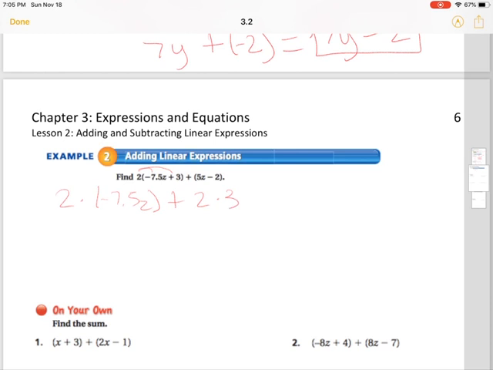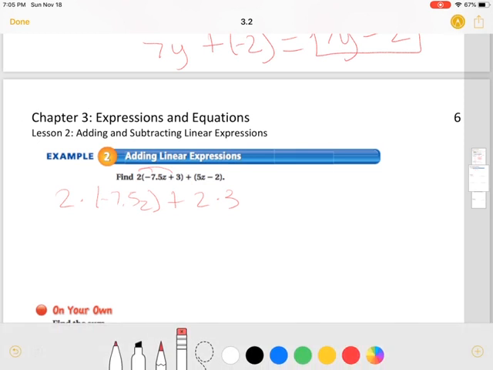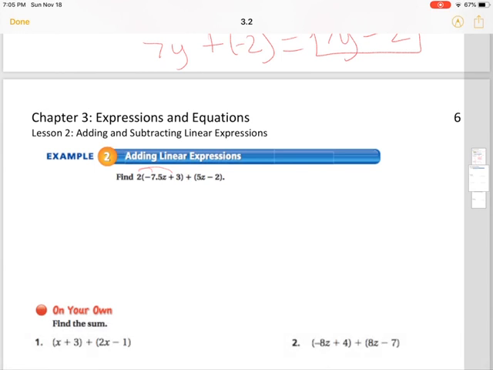Okay? The other way that you could do this, and I wanted to show you guys this just in case that method doesn't make a lot of sense to you. All this is saying when there is a 2 outside the parentheses is that there are 2 of everything in that parentheses. So the other way you could do this is to literally do vertical addition.